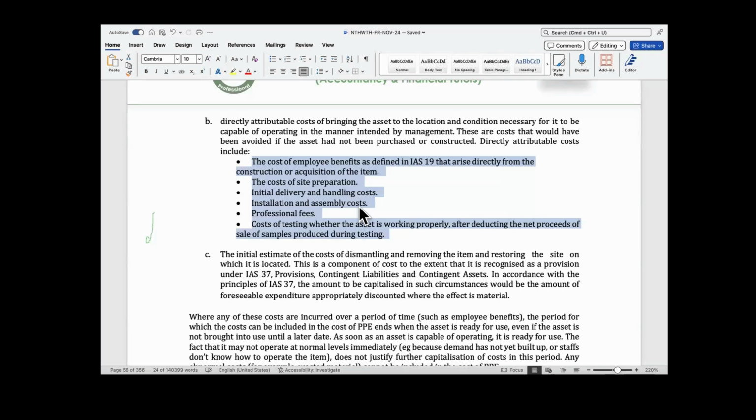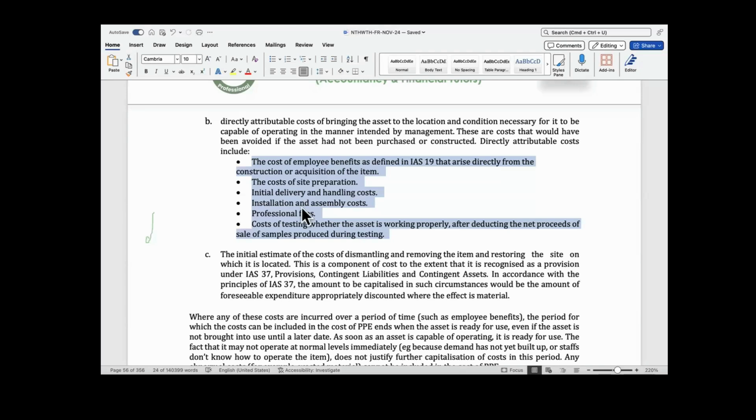Good question. Thank you for pointing that out, because a lot of people would not really get what I mean when I say capitalize, and they will not ask. So when I say capitalize, it means add it to the cost. When I say expense, it means put it in P&L. Please note that.